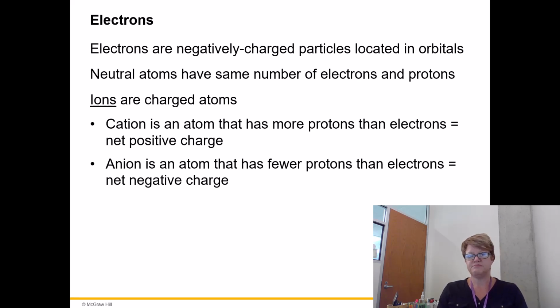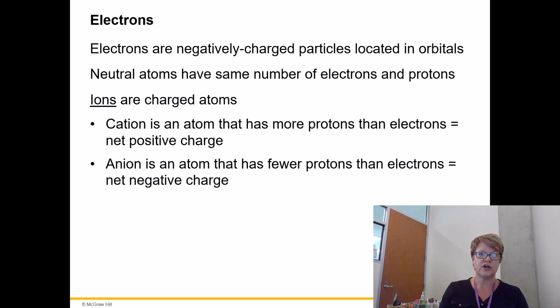So if they're imbalanced, then the charge is based on whatever particle is contained more. So if there's more protons than electrons, there'll be some amount of positive charge overall. If there's more electrons than protons, there'll be more negative charges overall. So we have names for these.